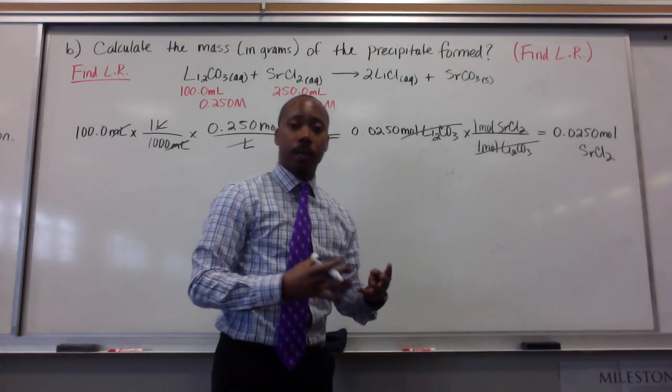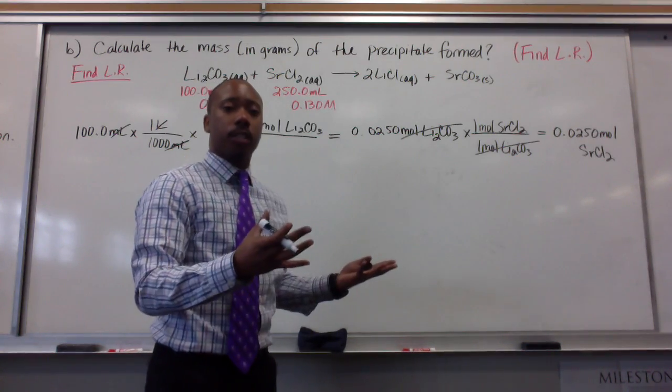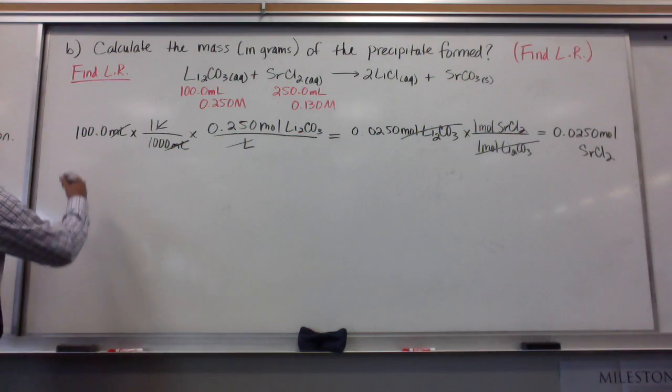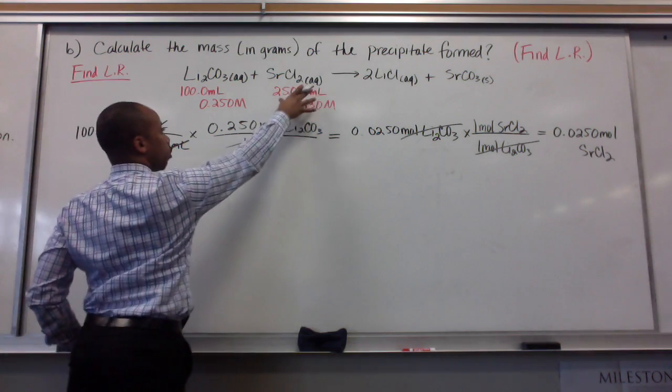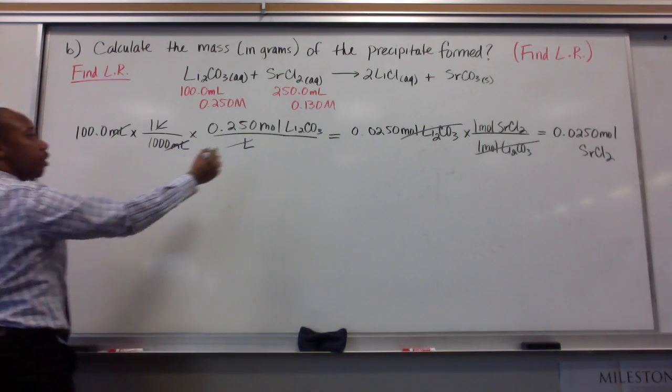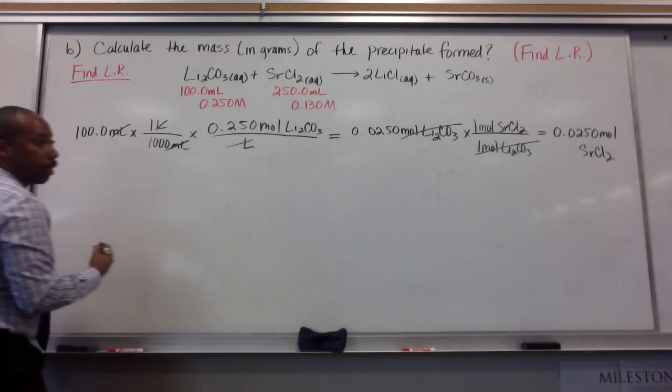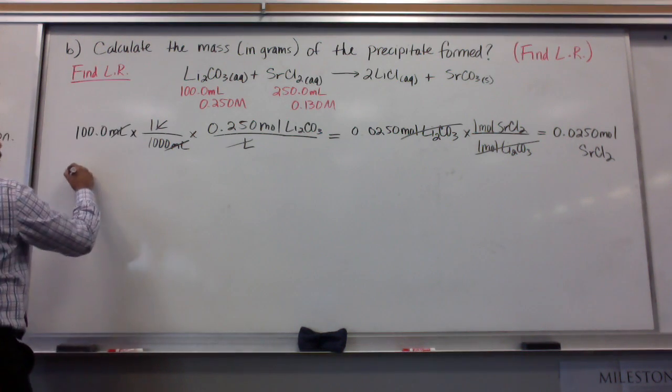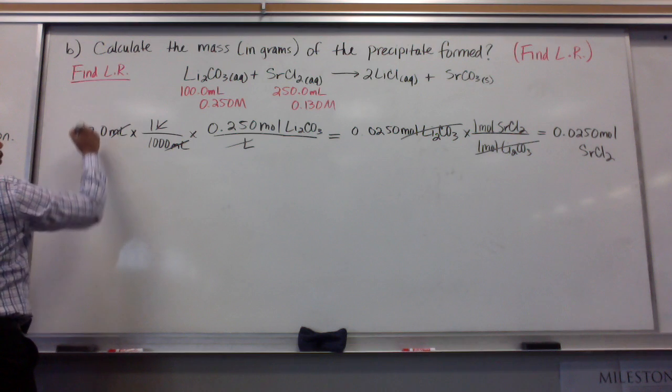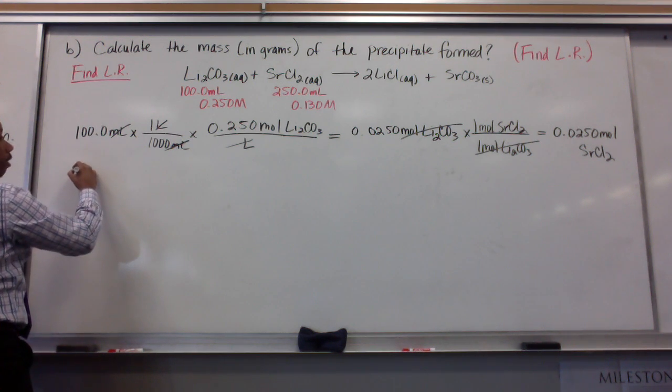Now to figure out which one's a limiting reactant, we have to figure out, well, how much of my strontium chloride do I have in the first place? So I do the same thing with my strontium chloride. I can figure out the number of moles by using the volume and the molarity. So, finding my limiting reactant, I'm still in the process here.